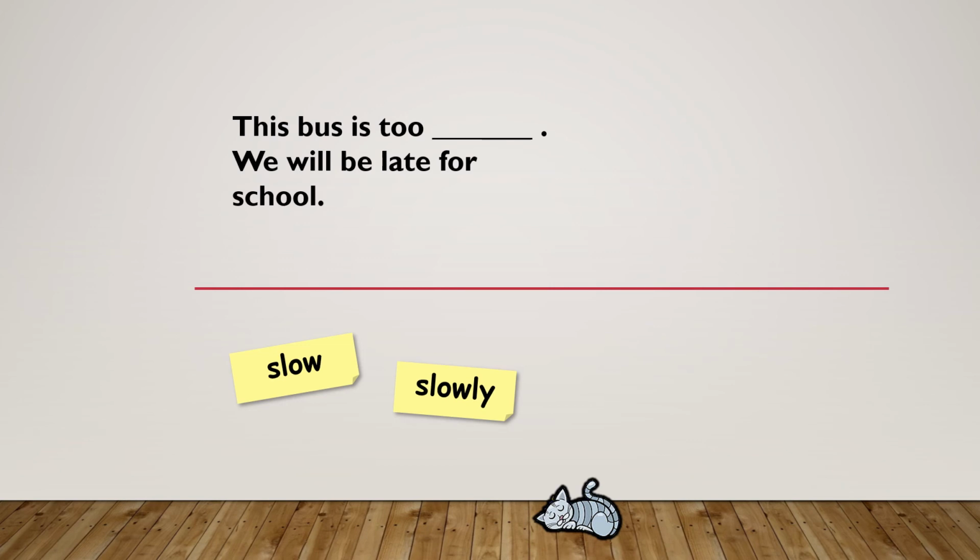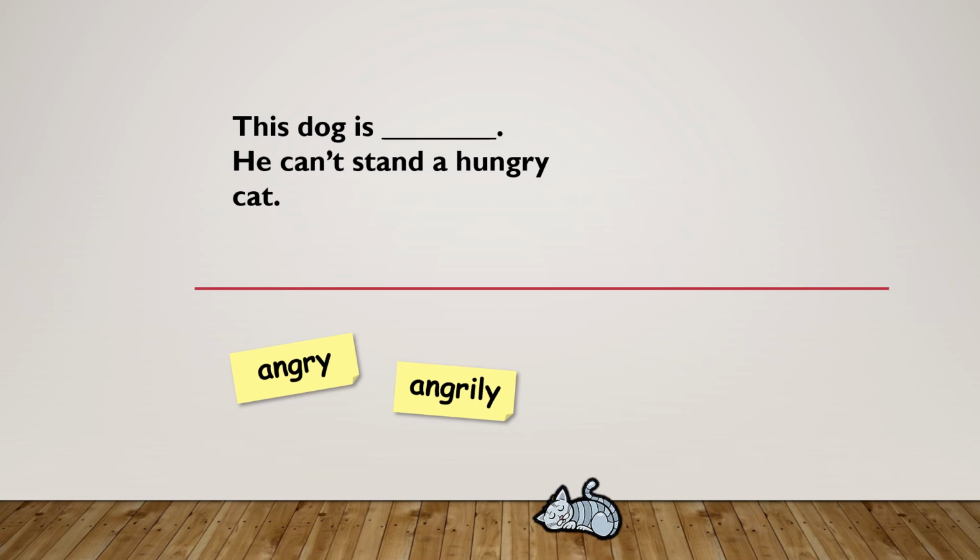This bus is too... we will be late for school. So think, what am I describing? Of course, I'm describing the bus. So there is no other answer than the bus is too slow. The dog is... he can't stand a hungry cat.